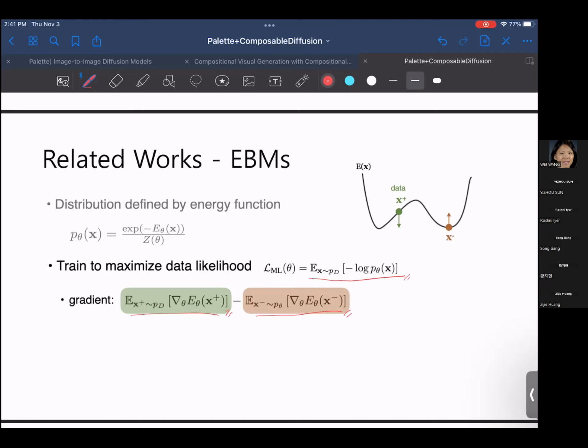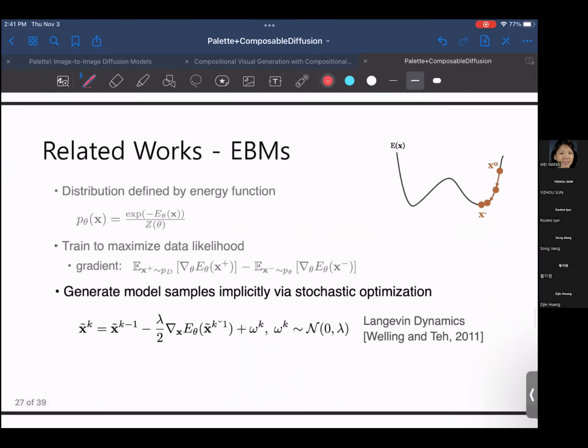After dividing this gradient into two, they can tweak this equation into another form. They have to tweak this form because explicitly sampling from this distribution itself is impossible, so they want to move on to another distribution that is highly similar to the original data distribution.